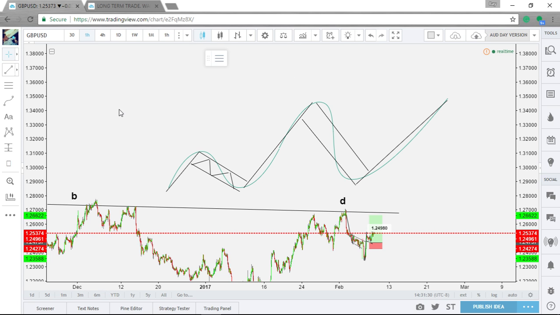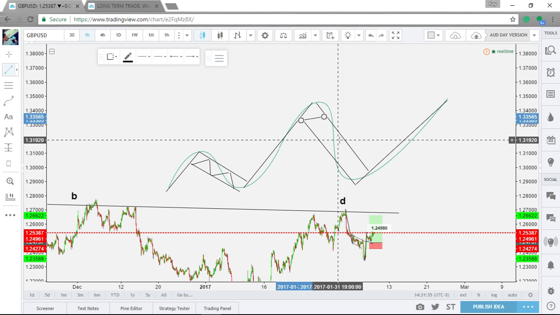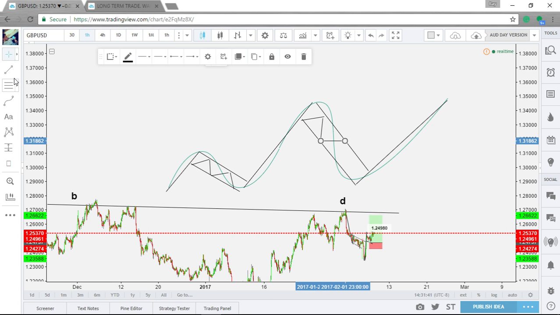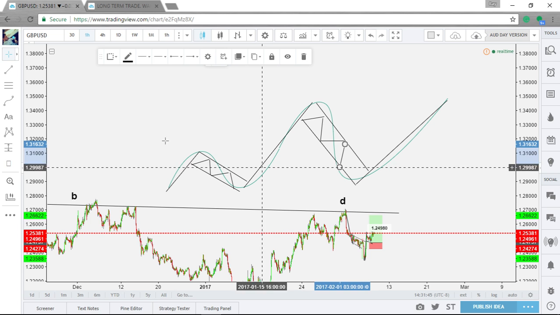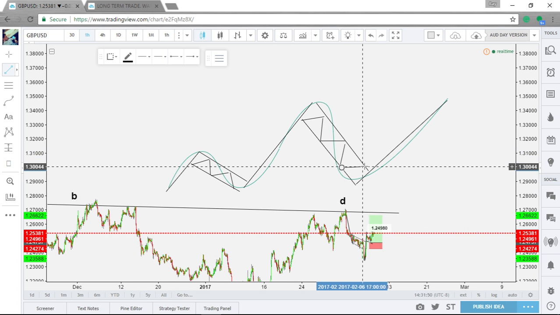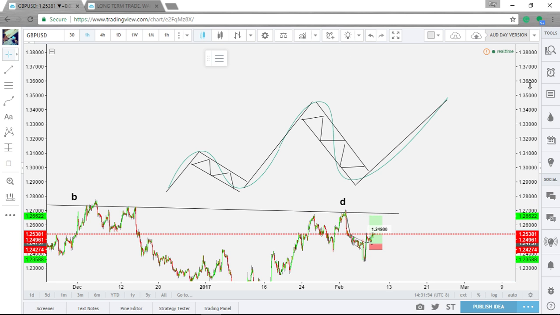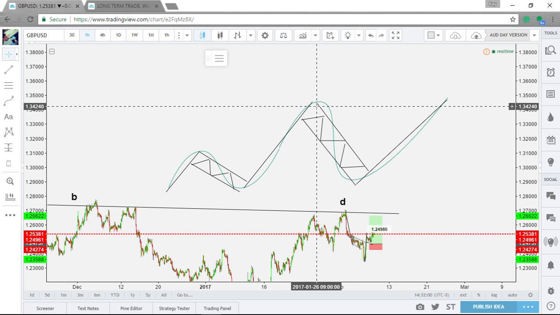Now typically, when you spot these areas, you know exactly what's going to happen next. But the only thing that you don't know, and I'm gonna give you the key to tell you what to expect, is that the market will have to collect enough money to make that move.